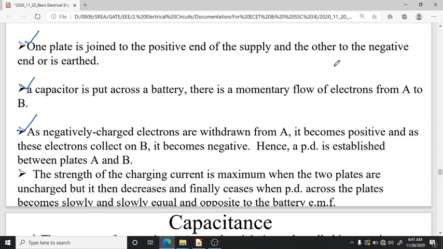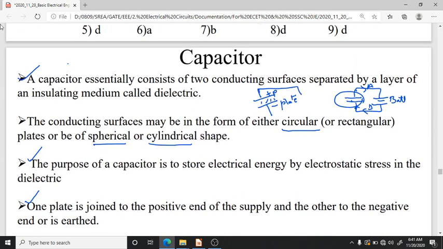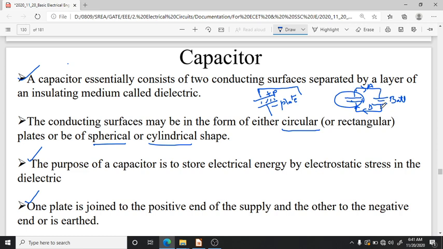The strength of the charging current is maximum when the two plates are uncharged, but it then decreases and finally ceases when the potential difference across the plates becomes equal and opposite to the battery EMF. So whenever you connect a capacitor to a battery, current flows, and at one moment the capacitor is fully charged, and the charged voltage equals the battery voltage.